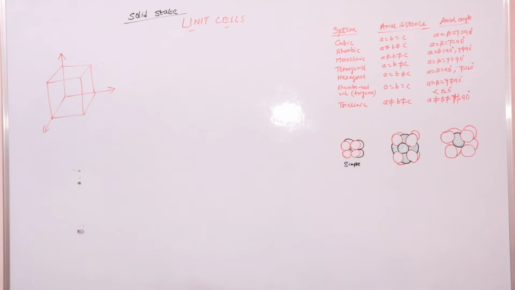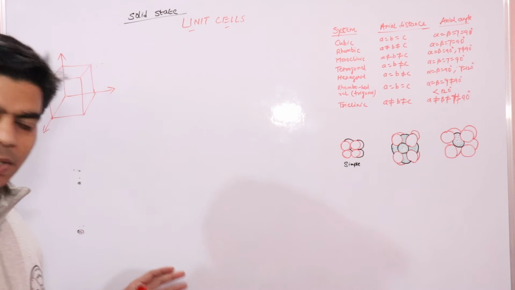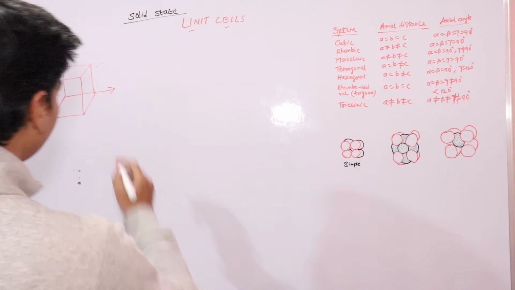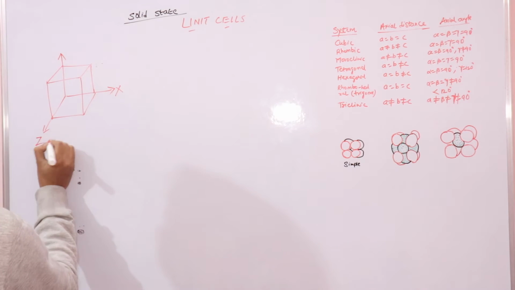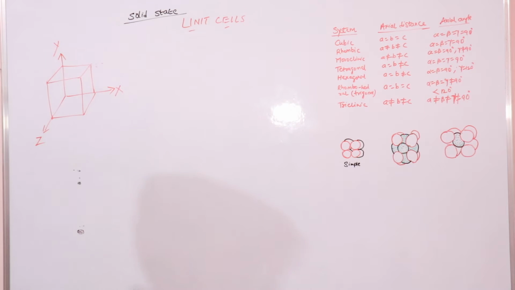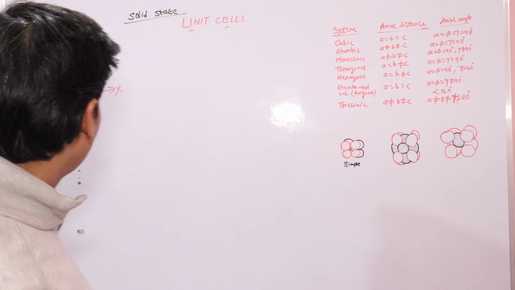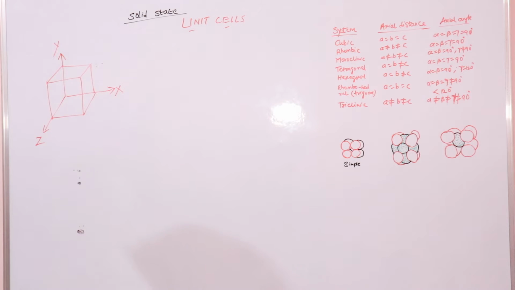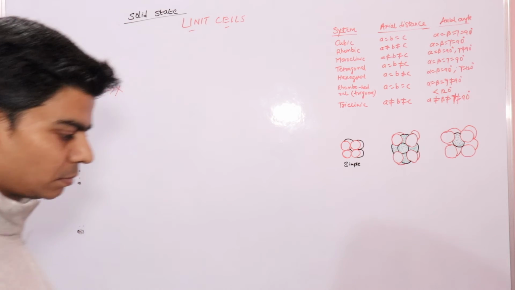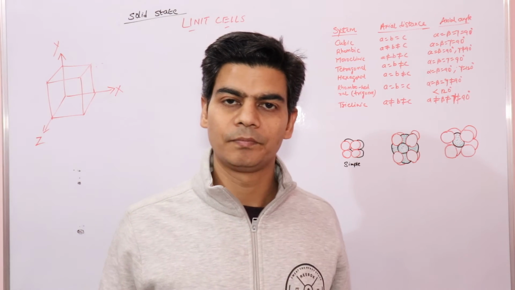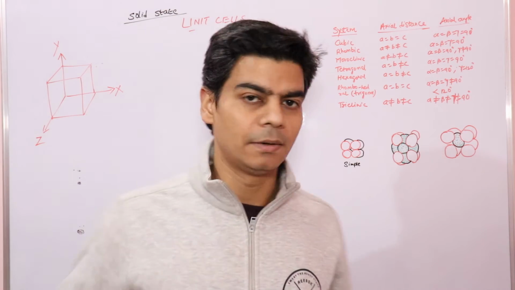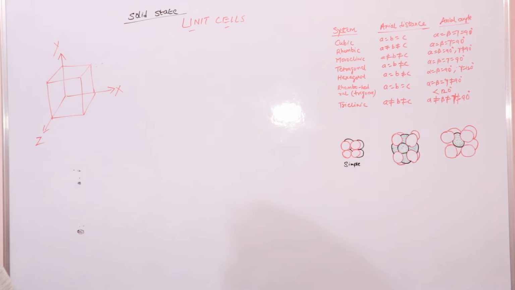This is your unit cell in three dimensions. The three dimensions are your x-axis, y-axis and z-axis. And this is your simple cubic crystal, the simple cubic unit cell.